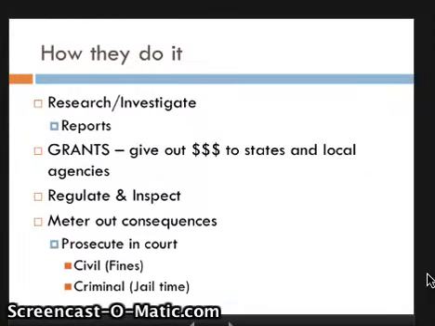So, kind of a recap. This is repetitive, but repetition is how we learn and memorize, and you have to have this stuff memorized by the end. They research and investigate, which is mainly by writing reports. A big thing they do is give out grants, money to states and local agencies who then in turn give out things like welfare checks and unemployment checks, stuff like that.